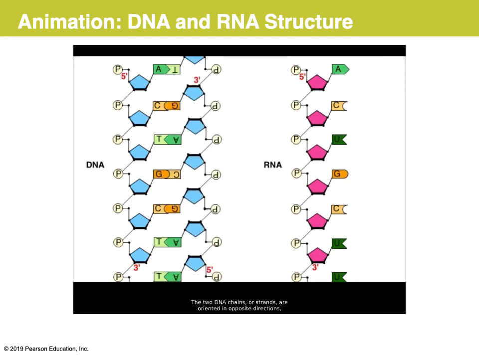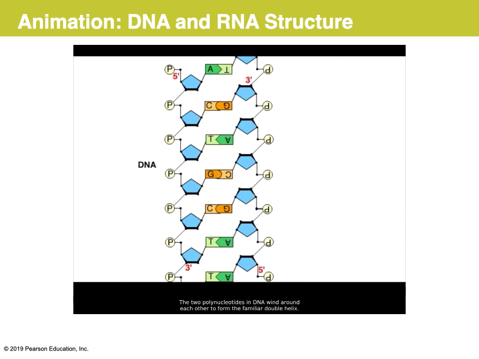The 2 DNA chains, or strands, are oriented in opposite directions and held together by hydrogen bonds between the nitrogenous bases on opposite strands. Because of their sizes, shapes, and arrangement of polar groups, the DNA bases form complementary pairs. Adenine pairs with thymine, and cytosine pairs with guanine.